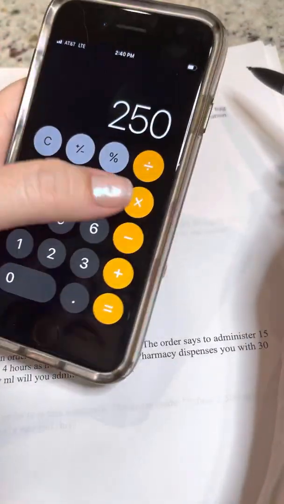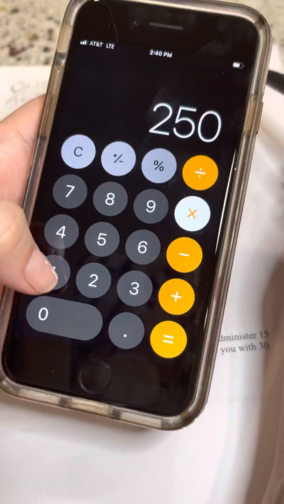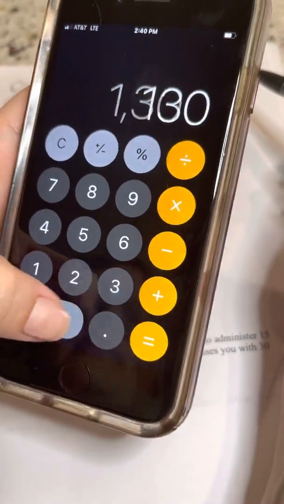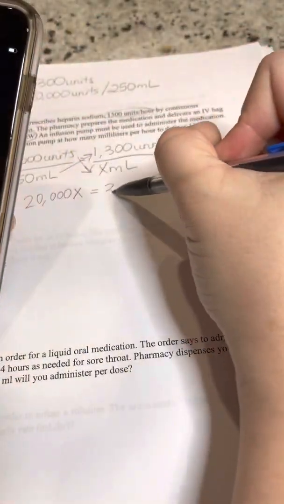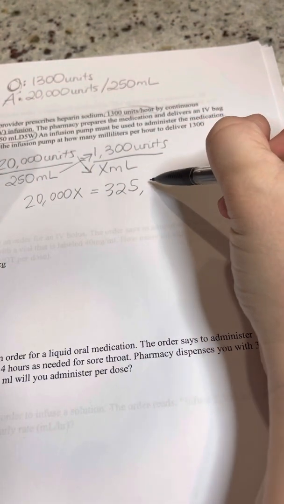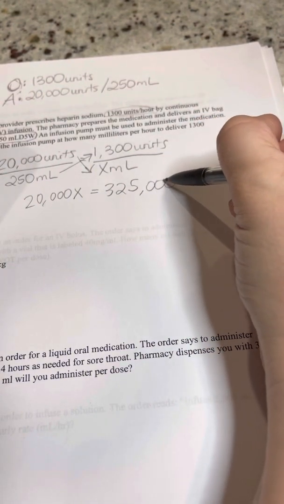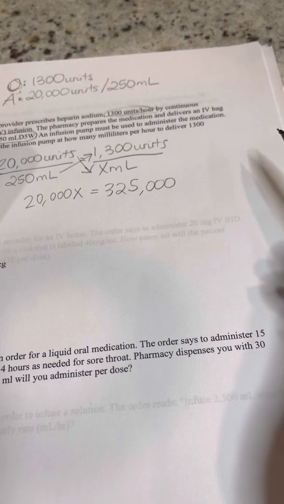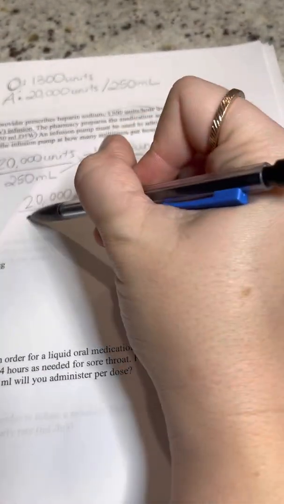250 times 1,300 equals 325,000. We want to get x by itself, so let's divide each side by 20,000.